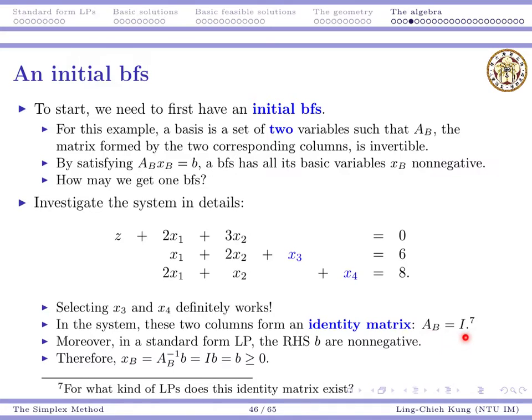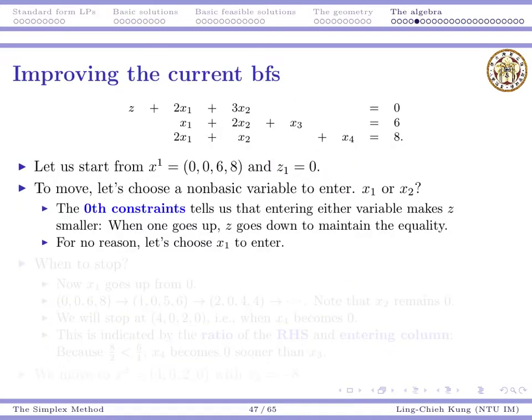Not all linear programs have this property, and probably you may think about this. Why do we have this identity matrix? We're going to discuss that later. But here we have this, and moreover, in any standard form problem, the right-hand side value must be non-negative. So if we have this, XB would be AB inverse b, which is non-negative. So with that, we have an initial basic feasible solution, and the basis is x3 and x4.